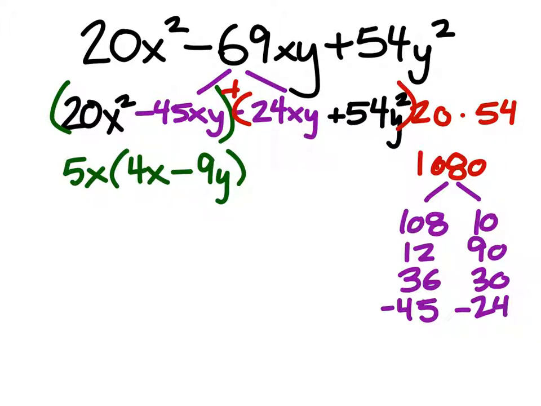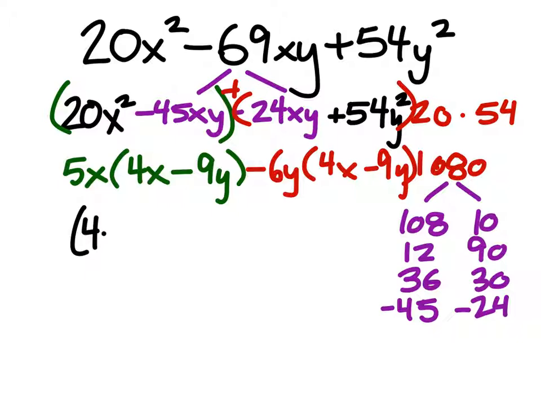I'm going to factor out, it's going to be negative, whatever it is, and it appears it's going to be a negative 6y. And that leaves me with 4x minus 9y. Alright, so I can pull out of those a 4x minus 9y.